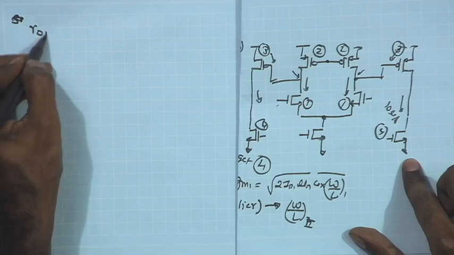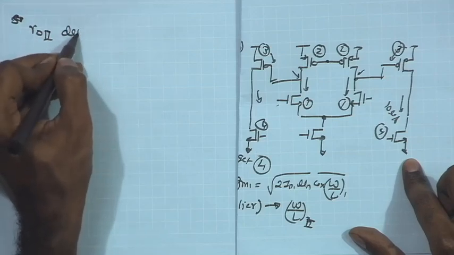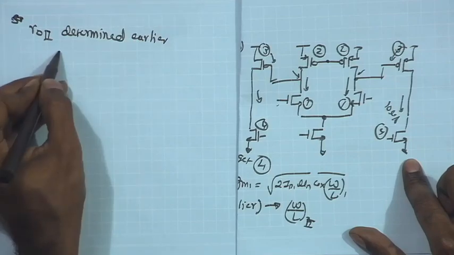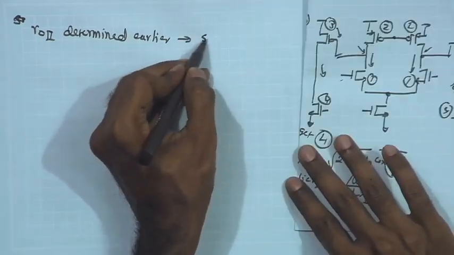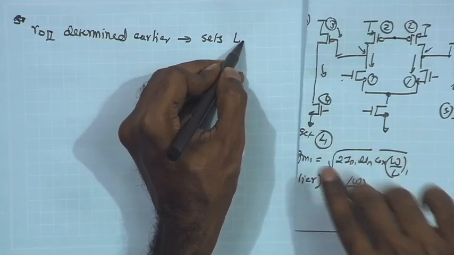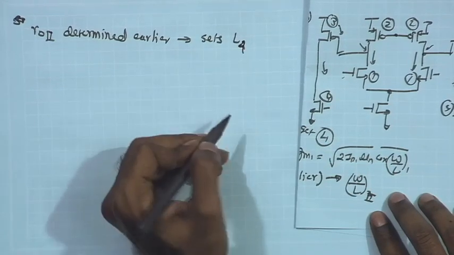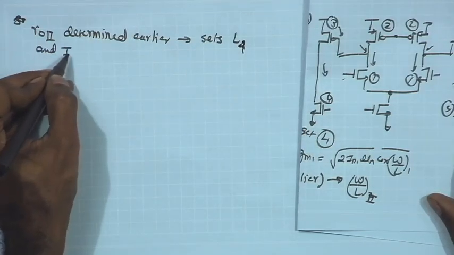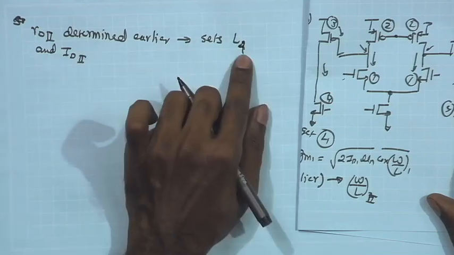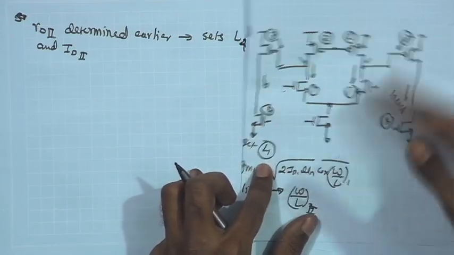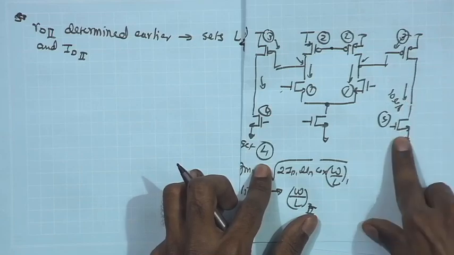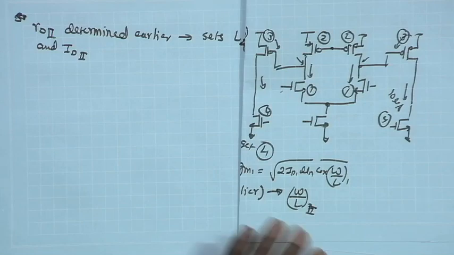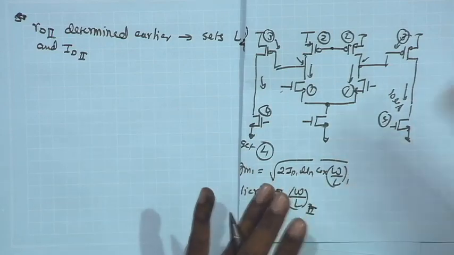Therefore, the RO2 and ID2 determined earlier set the L4, because the ID2 budget is known, and also the L4 has been determined based on the gain requirement. So, that gives me the L4 also. These two must have the same L4, so that the RO is equal to the required value, so that GM RO is equal to 100.